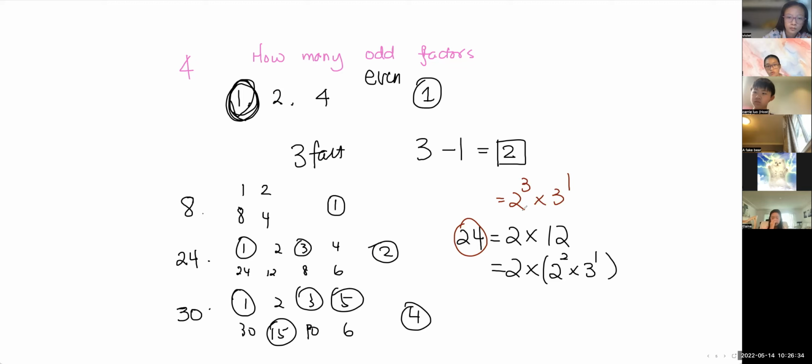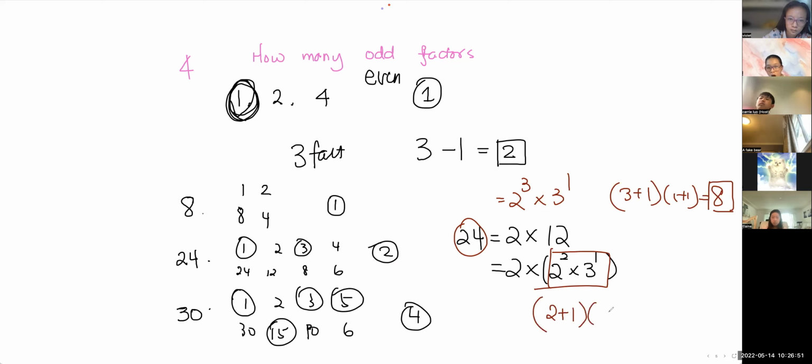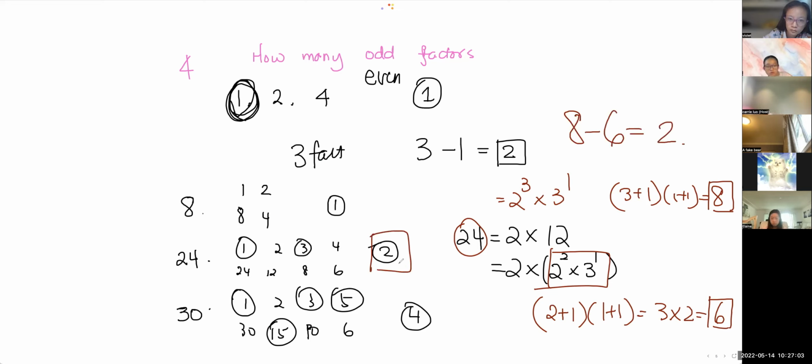Correct, everybody? So how many factors does 24 have? We have learned it before: 3 plus 1 times 1 plus 1, so equals 8. And how many even factors does 24 have? We only look at this part: 2 plus 1 times 1 plus 1 equals 3 times 2 equals 6. So how many odd factors do they have? 8 minus 6 equals 2. So we get the answer.